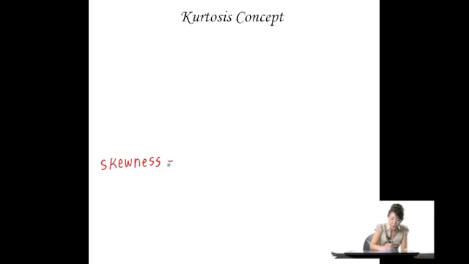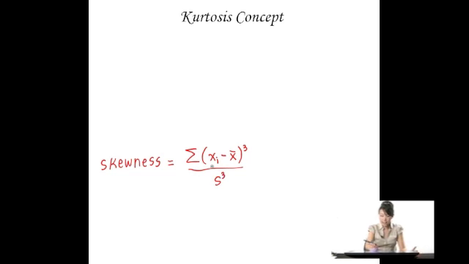The formula for skewness, as I said before, is going to be the sum of all the cubed distances over some constant and s cubed, right? I said that that's the idea.